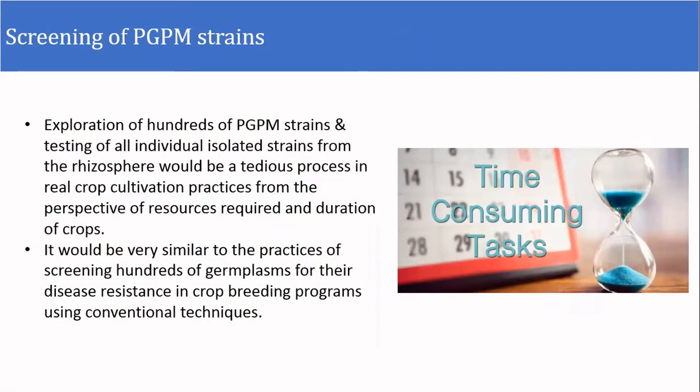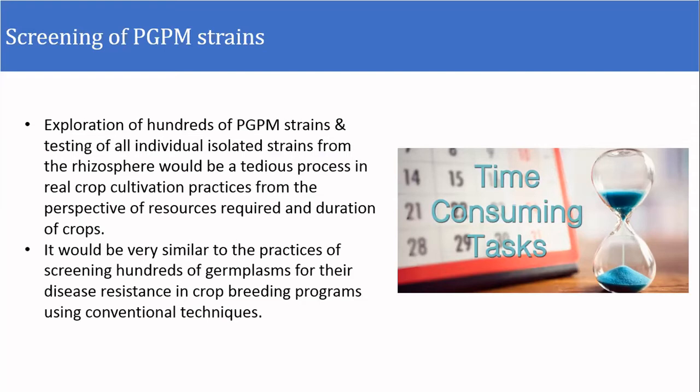So here I just explained that exploration of PGPR strains and testing of all individual strains would be a tedious process considering real crop cultivation processes. So we could say these genes that are responsible for growth promotion, and genes that are responsible for the antagonistic activity, could be used as markers, as being used in the selection of plants.